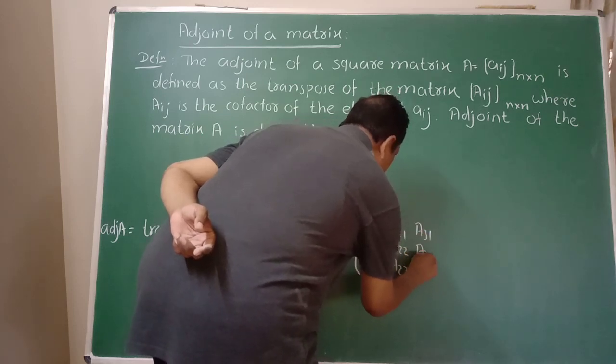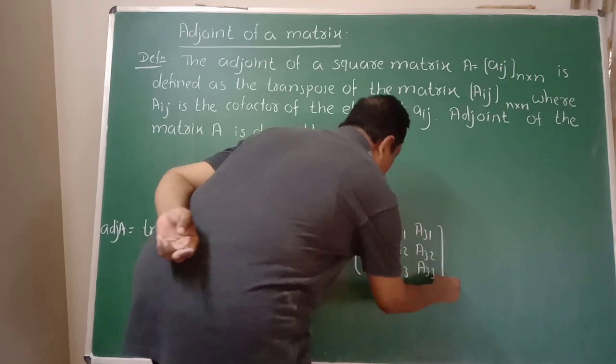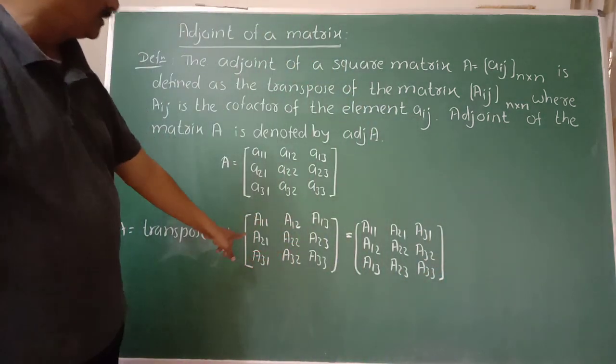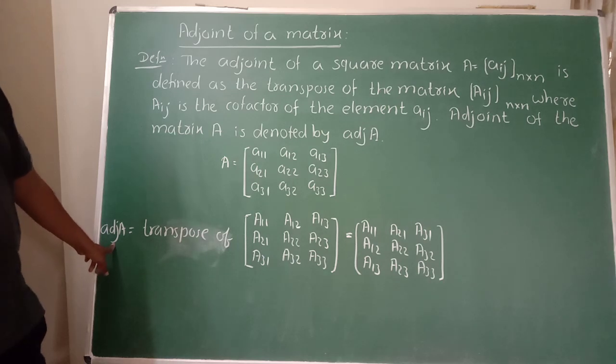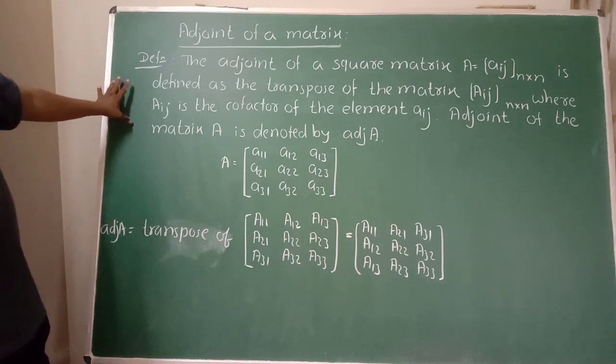So the transpose of the cofactor matrix is the adjoint of the matrix. This is the definition of the adjoint of the matrix.